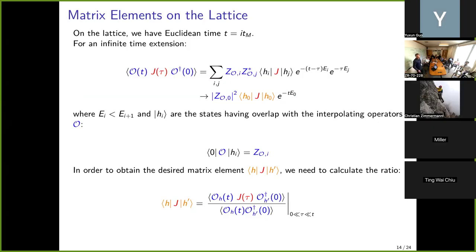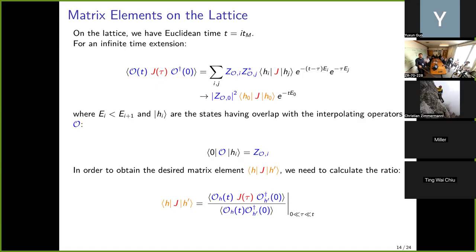Okay, just a few words on that. How do we actually calculate hadronic matrix elements on the lattice? So remember, on the lattice we have Euclidean time, and we can create our nucleons by operators that have suitable quantum numbers, have some overlap with the nucleons itself.